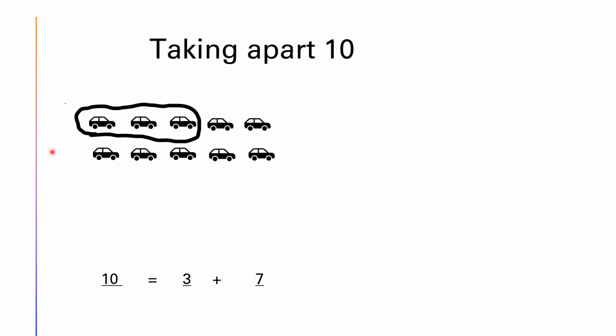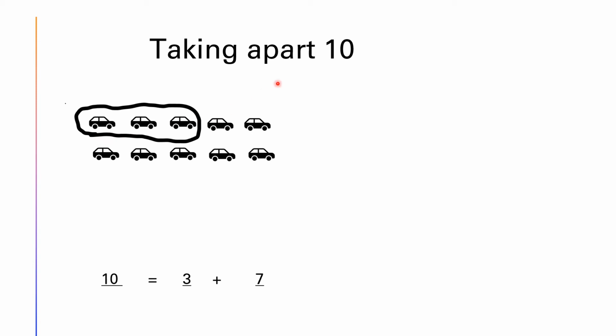Kindergarten, is your picture organized in a 5 group of 10 with 5 on top and 5 at the bottom? Nice work. Remember, we were identifying our two parts in this picture. One of our parts was circled. How many cars are inside of the circle, kindergarten? That's right. 3 cars were circled.